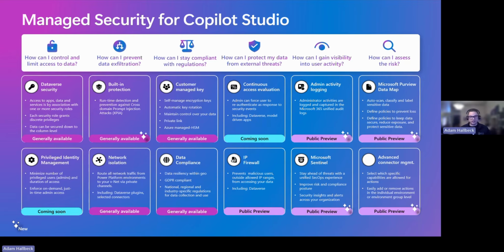So we already talked about DLP, but here are some other mechanisms or tools that we can tap into. So the standard security roles, and then you can see the coming soon on the bottom left there. So privileged identity management, so limiting access and kind of capping some of that. Data exfiltration, we talked a little bit about DLP again.